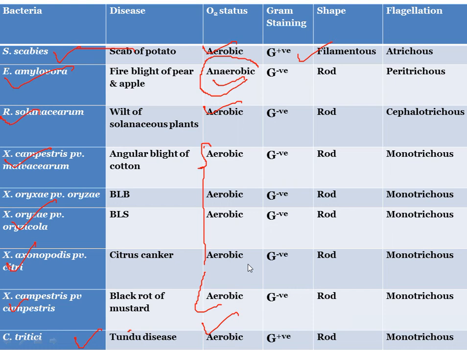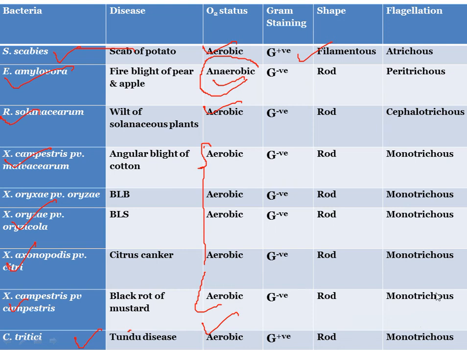The best examples are Corynebacterium and Erwinia. So don't confuse L-form and shape. Shape and form are different, right?